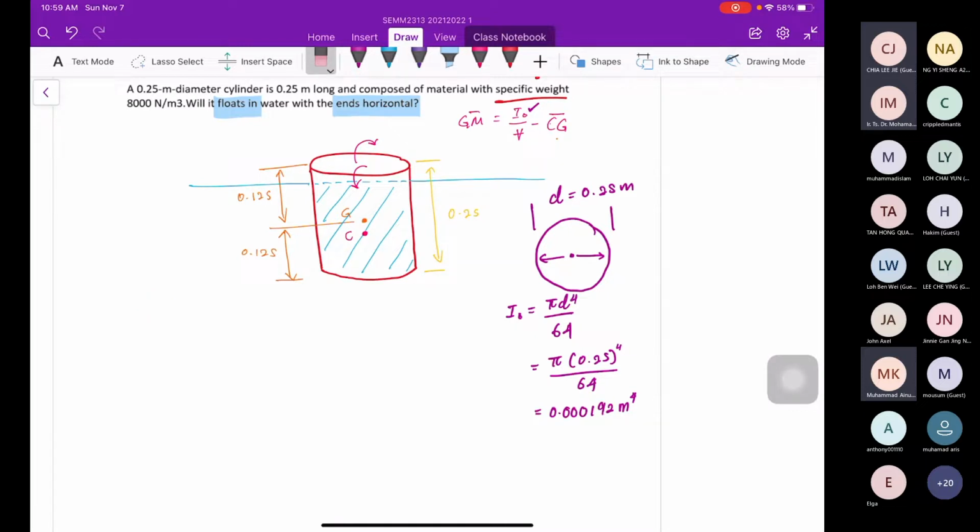We can use the weight of the displaced water. The weight of the displaced water is equal to gamma of water multiplied by the displaced volume.